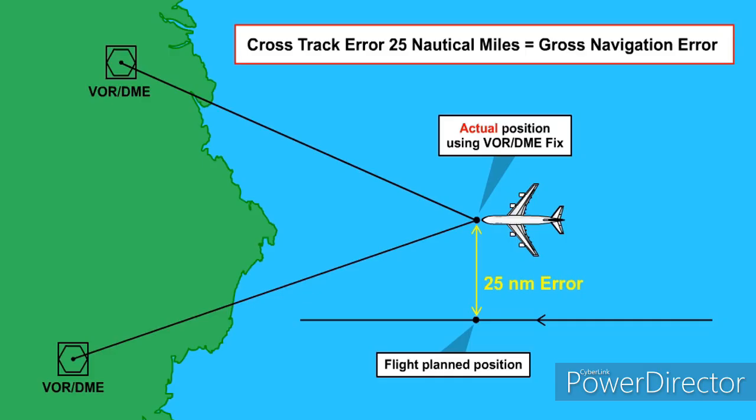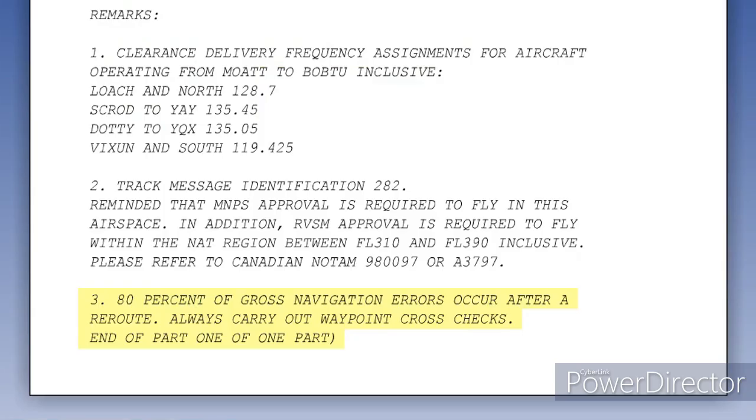The value for a gross navigation error is arrived at by doubling the statistical required navigation performance figure of 12.6 miles, giving approximately 25 miles. Pilots are routinely warned in track messages that GNEs are usually associated with revised routing, so extra vigilance is required in these circumstances.